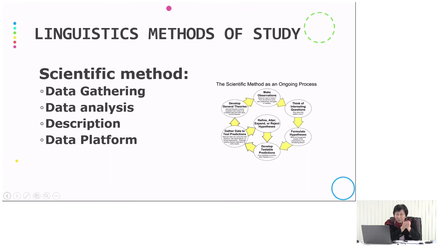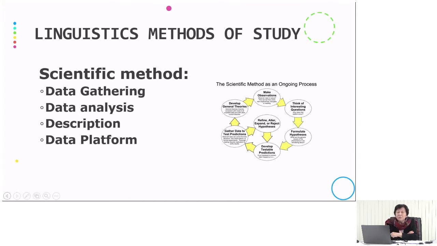What is the structure of this language? What is the structure of language B, language C, language D, and so on and so forth? So this is what we call scientific method, right? So you see that scientific method does not have to do only with science. It is the method that you apply to any science. Social science, you have to use scientific method.